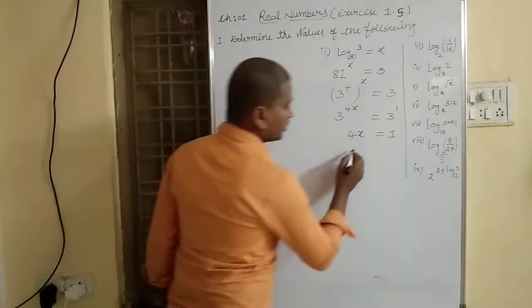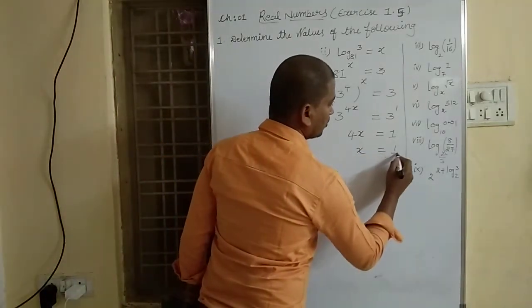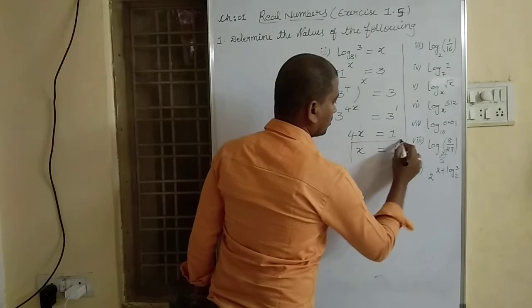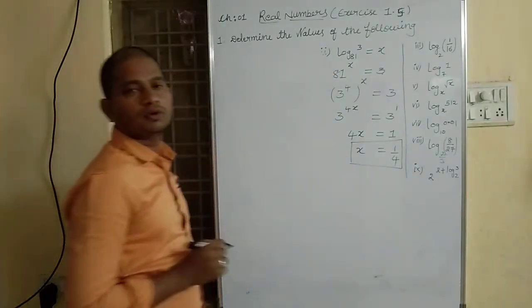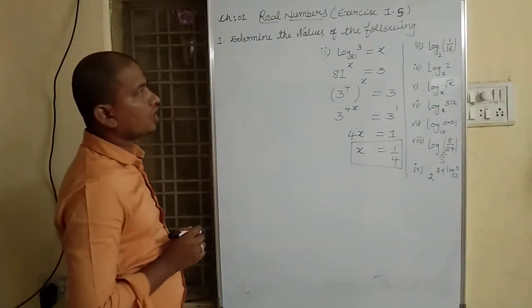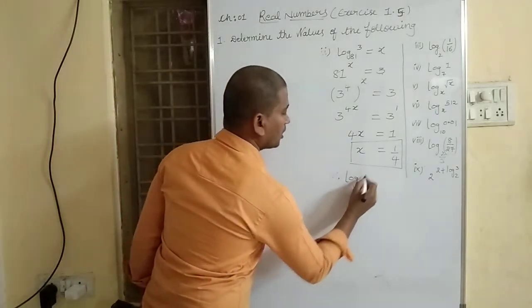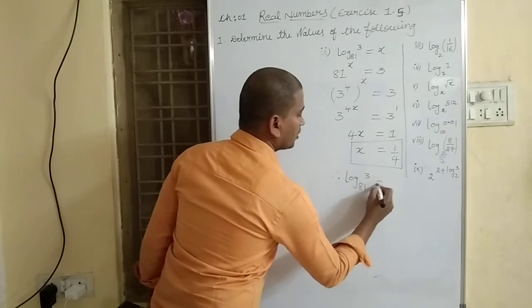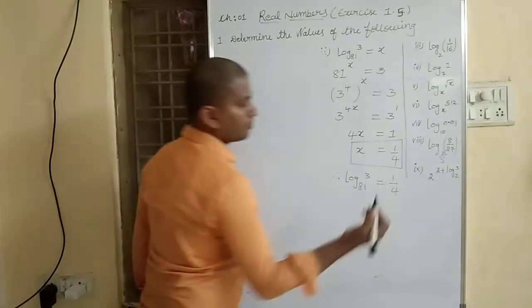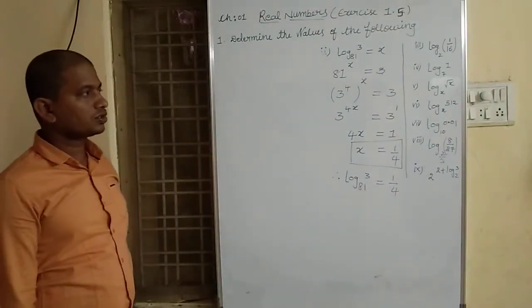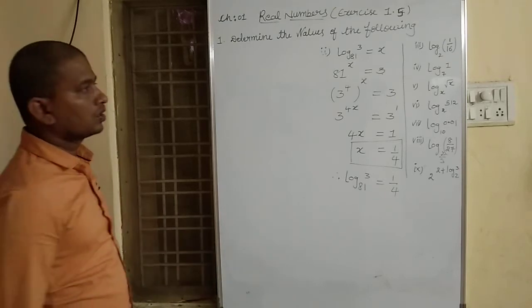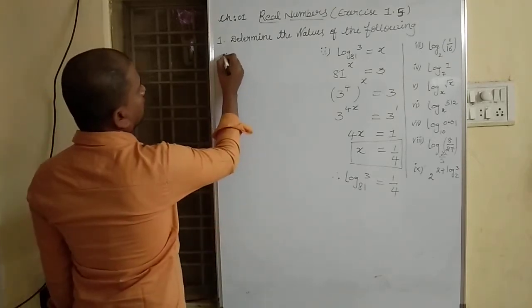Therefore x is equal to 1 by 4. So the value of log 3 base 81 is 1 by 4. Okay, coming to the third question.